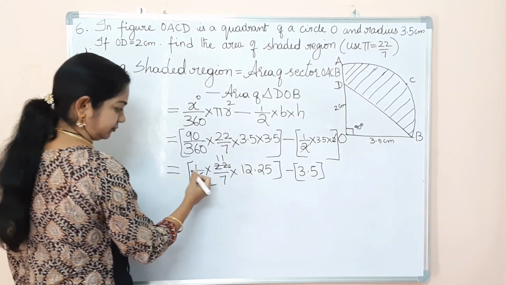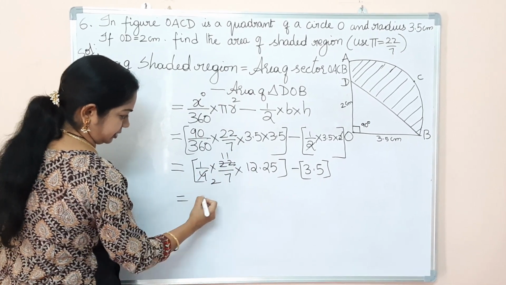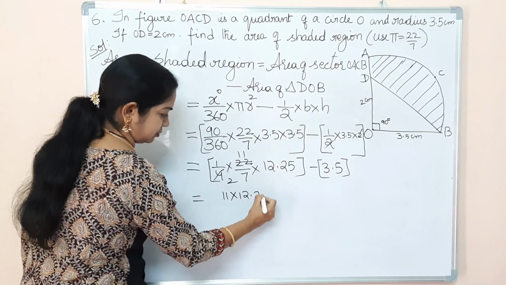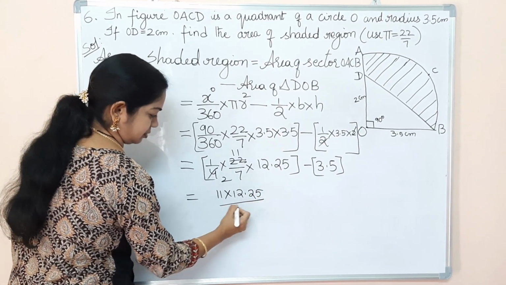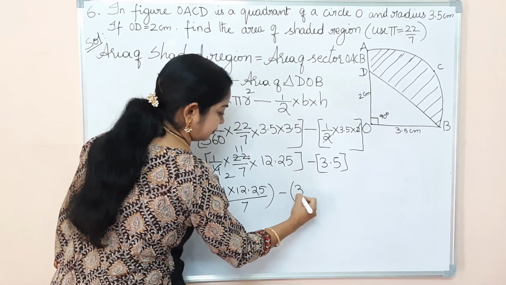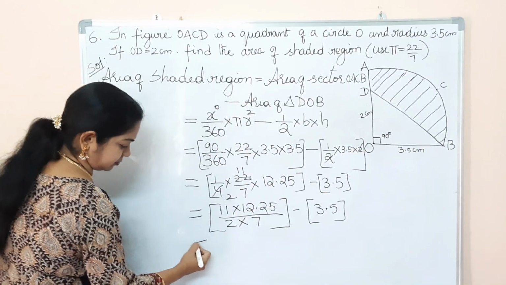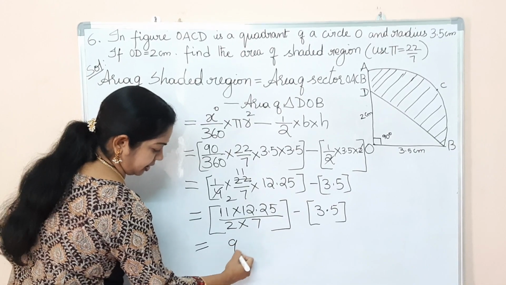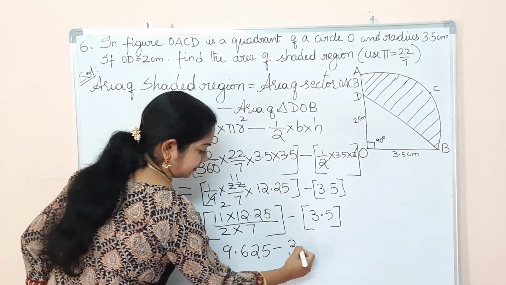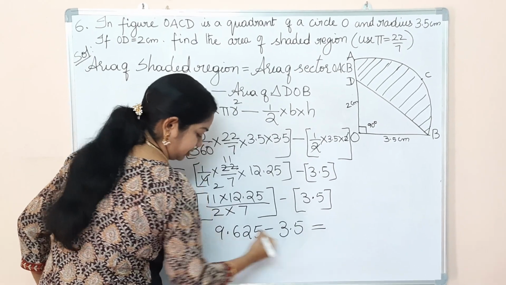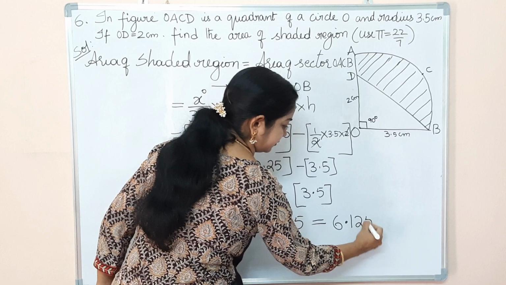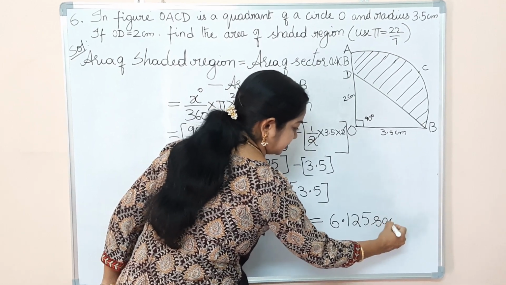Here, we got 11 divided by 7 minus 3.5. This comes to 9.625, if you solve, minus 3.5. So 9 minus 3, you get 6.125 square centimeters.